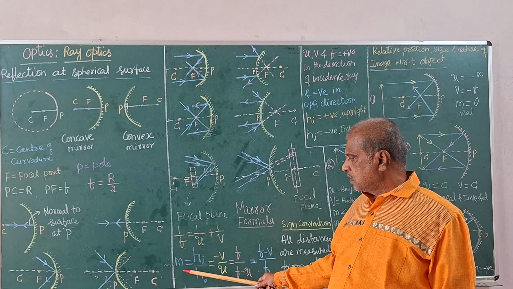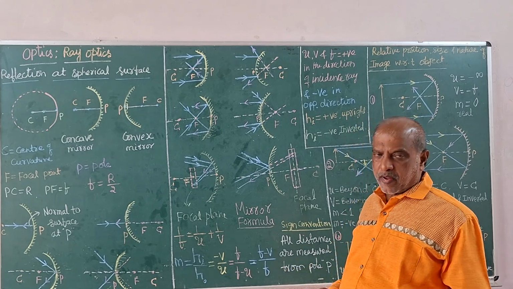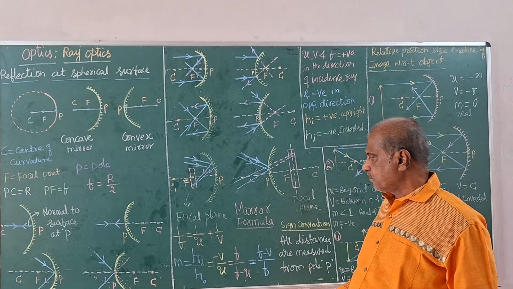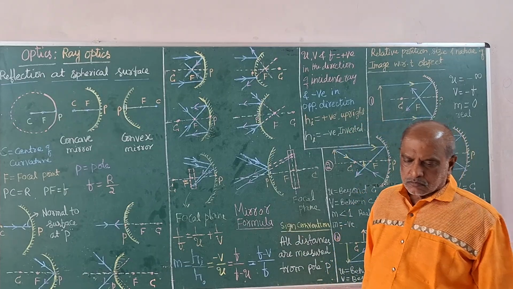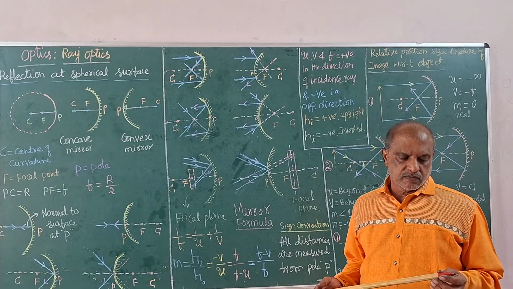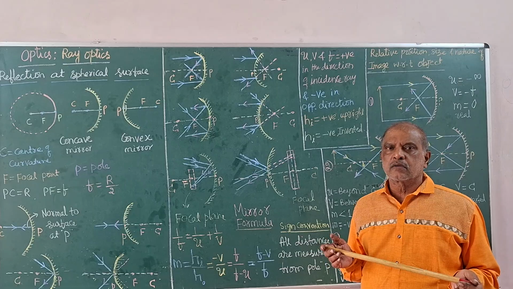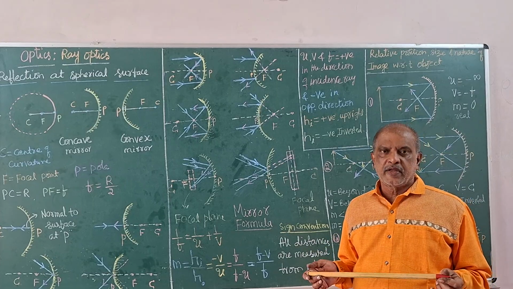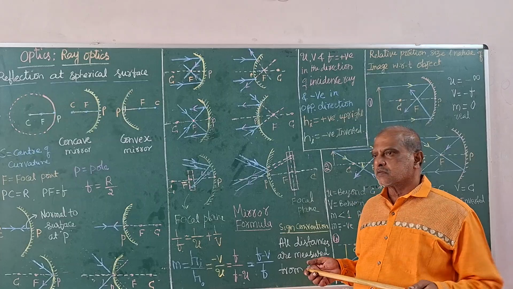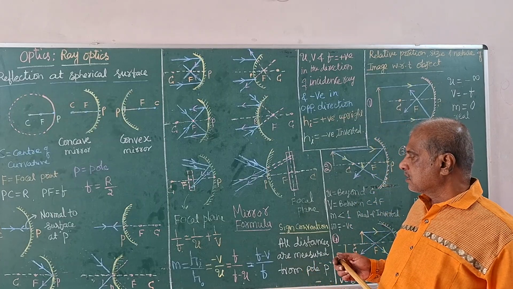It is the formula for magnification. It indicates enlargement or reduction of image. It happens in spherical mirror.